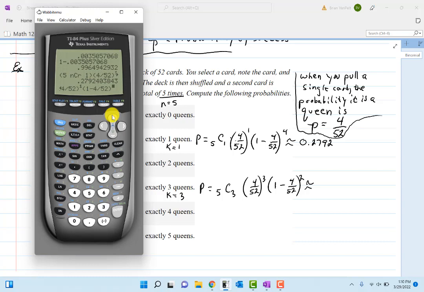This thing now up here will be a 2. This thing up here will be a what? A 3. And then I have 5C3 on the front. Here I get about a 0.0039.